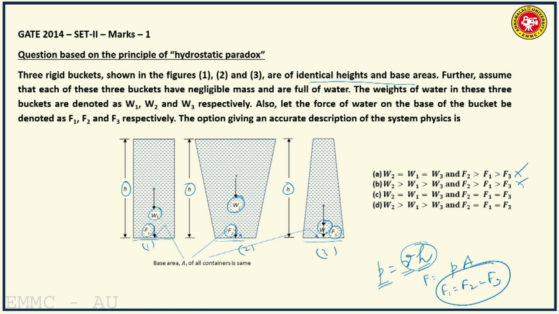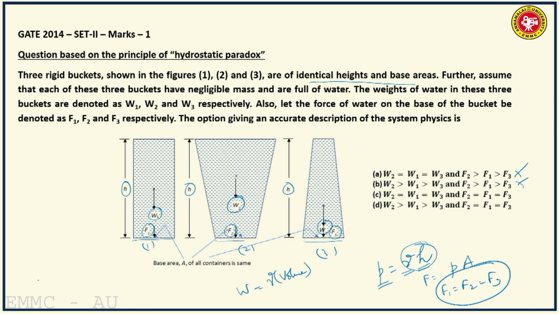Now, weights are not the same. Weights are different. In fact, this is the biggest vessel and this is the smallest vessel in terms of volume. So weight is equal to what? Specific weight into volume. Here, the vessel shown in figure 2 has the greatest volume.